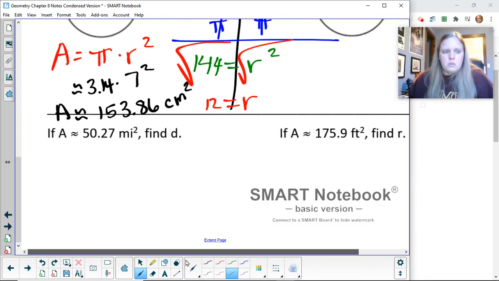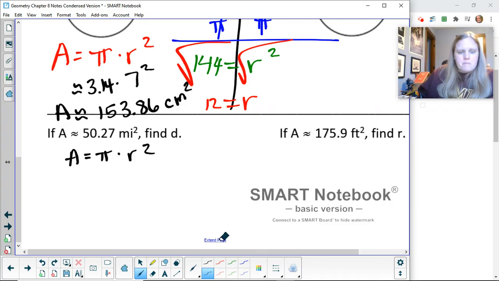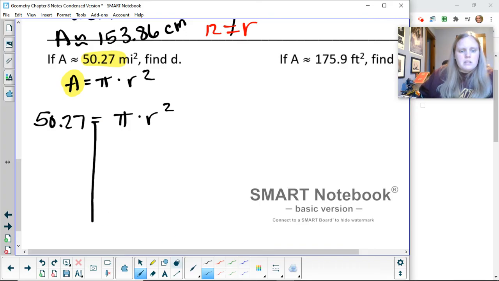Okay, last two examples. These ones are giving us the area without the pi symbol in it. So we're still going to do a T-chart, but we won't be able to just cancel out the pi's. So what I'm going to do is take that 50.27 and replace A with that number. And I'll do my T-chart.